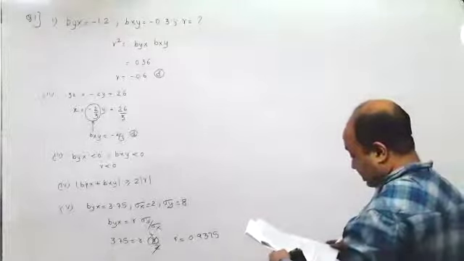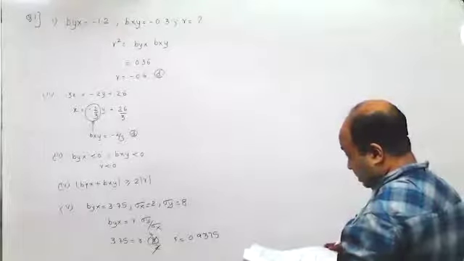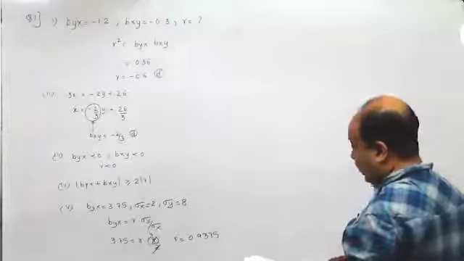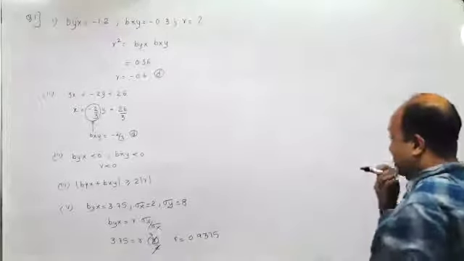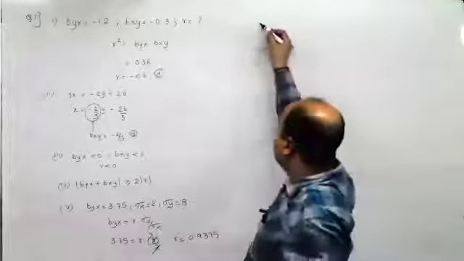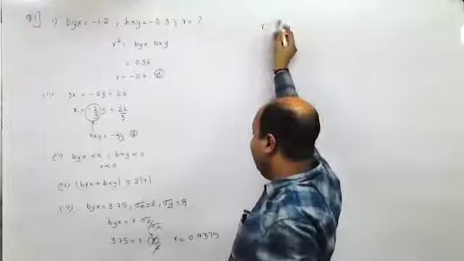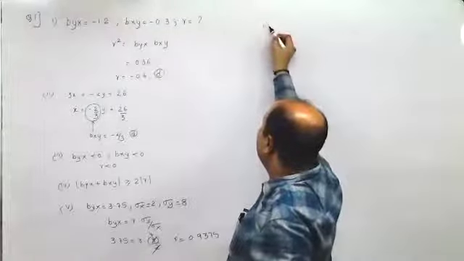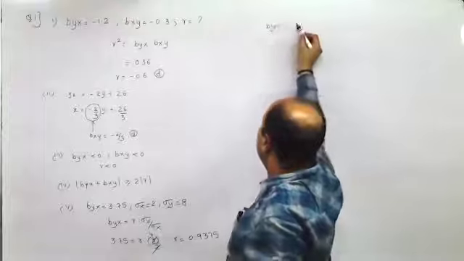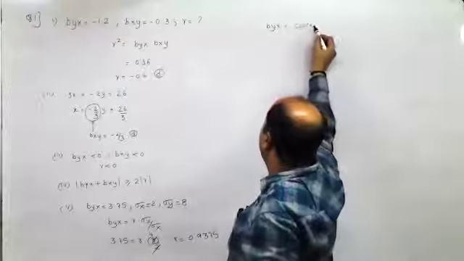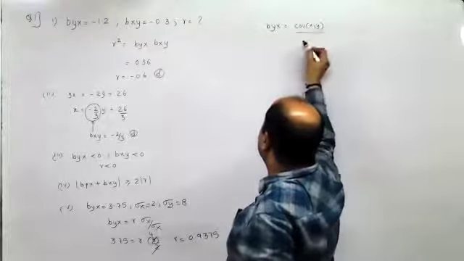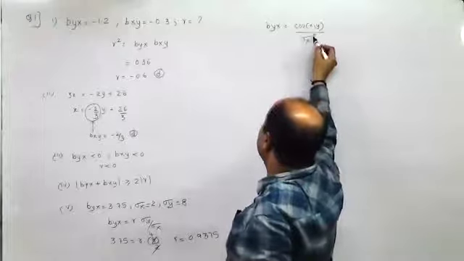Sir, they have asked covariance. Okay, they have asked covariance. Okay, so this is r. Now, what is covariance? byx equal to covariance of xy upon standard deviation of x square.